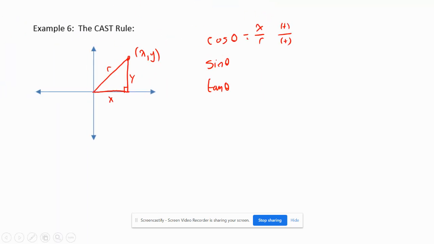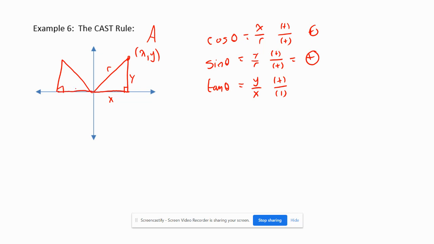If we look at sine, it's also going to be a positive over a positive, which is positive. Tan is y over x, which again is positive over positive. So what we're trying to get at is that sine, cos, and tan are all going to be positive. So if I put an A in this quadrant, this is signaling that all sine, cos, and tan are positive in this quadrant.